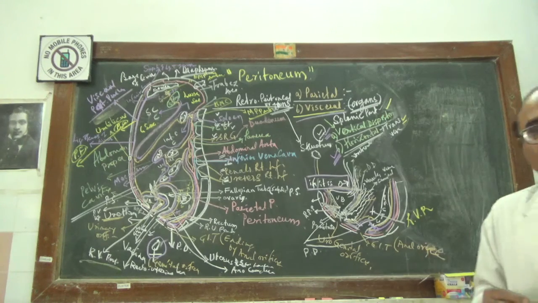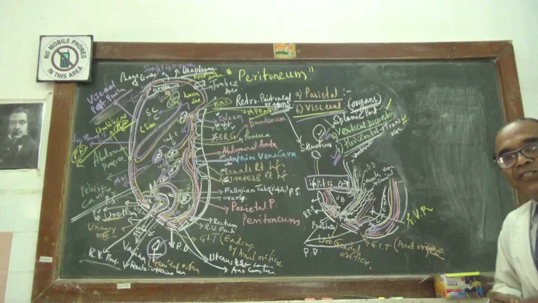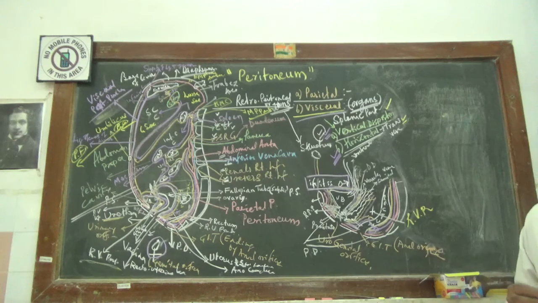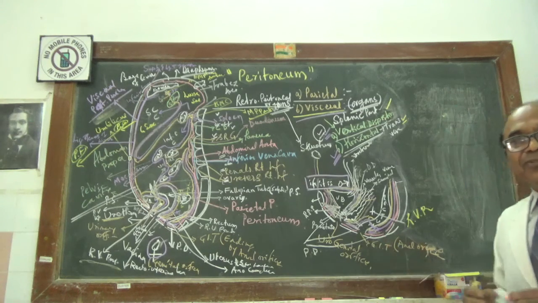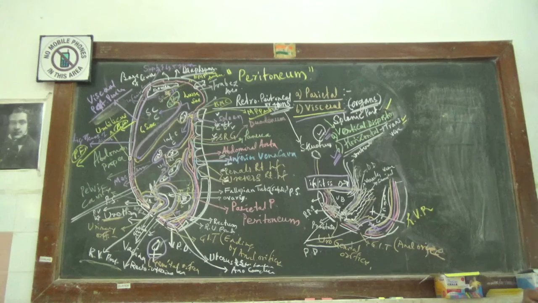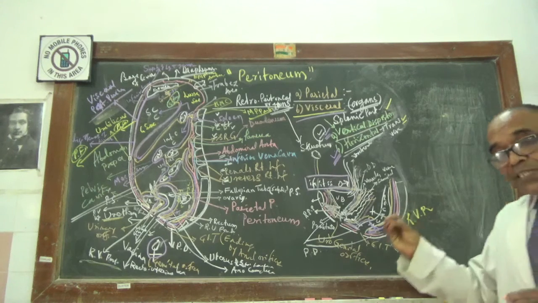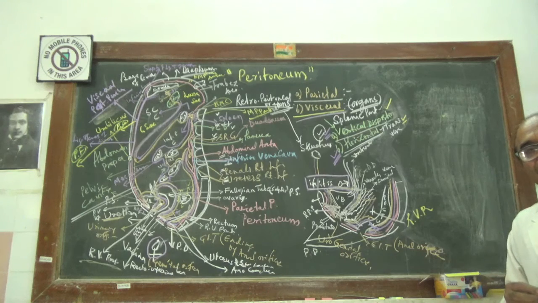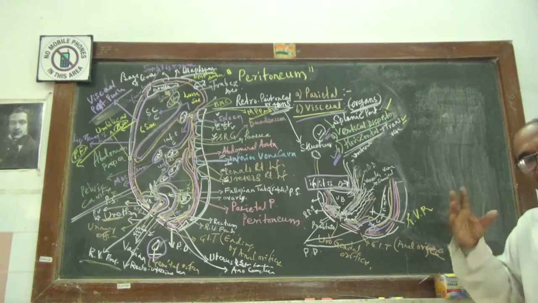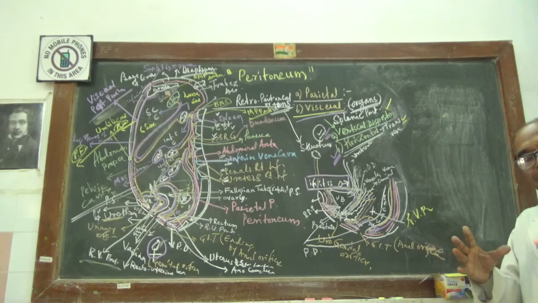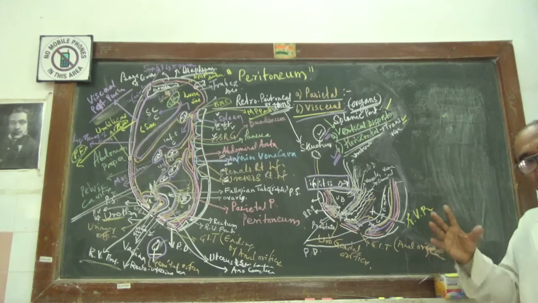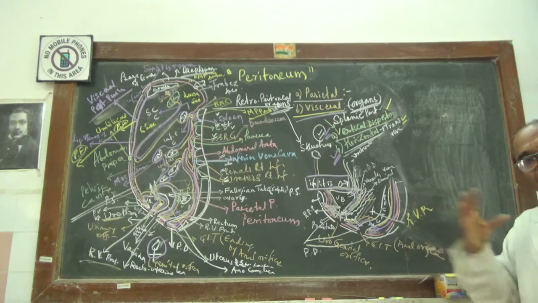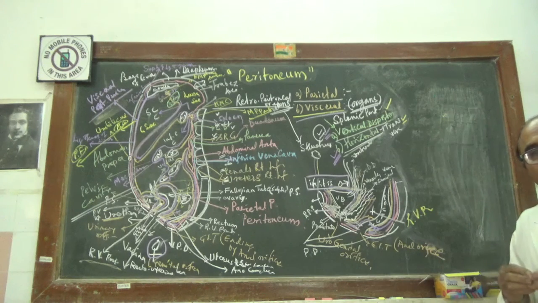Then at last you enter the embryology of the peritoneum. The peritoneal cavity itself is developed from the somatopleural and splanchnopleural origin, which is present between the two lateral plates of the mesoderm.